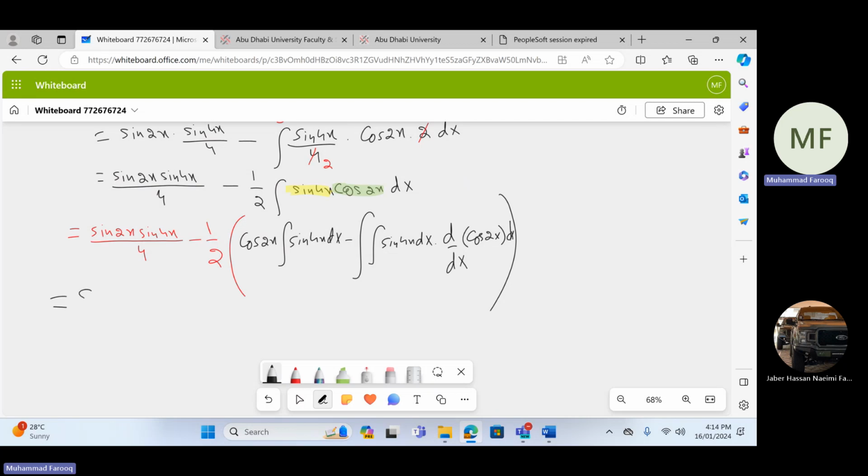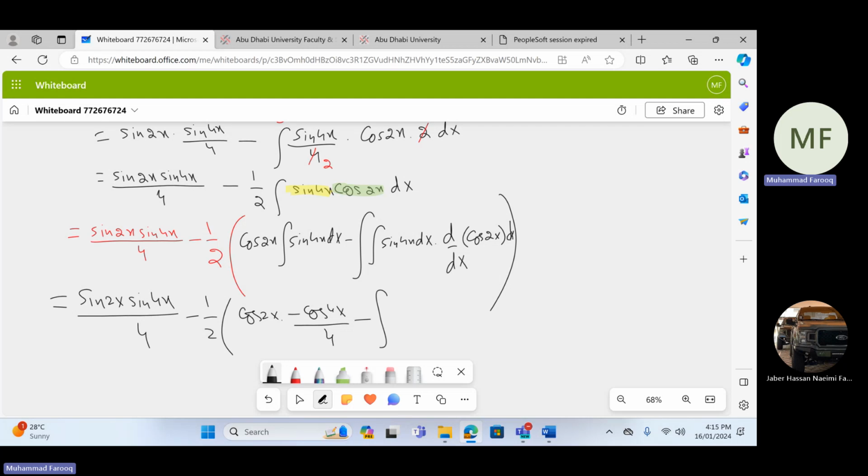Just copy the same: sine 2x, sine 4x, divided by 4, negative, sine half. Now start: cosine 2x times, negative, cosine. Sine 4x integration is negative cosine 4x divided by 4. Very good. Minus integration sine, again I need this one.